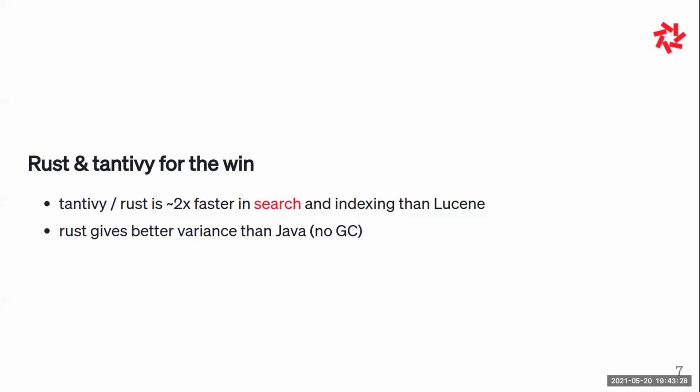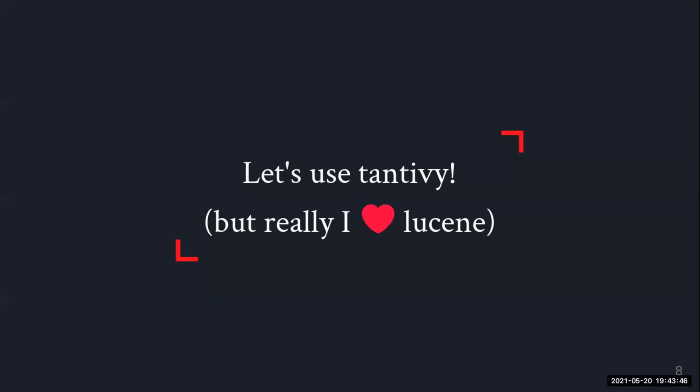So you want to have the lowest variance possible, and Rust typically gives you very stable performance, whereas Java has a little bit of variance. Also, I must say that Lucene is awesome, and they do a really good job at not having too much stuff to garbage collect. So yeah, first thing we do, we use TantivY, and once again, I love Lucene. You will never hear me saying bad things about Lucene.